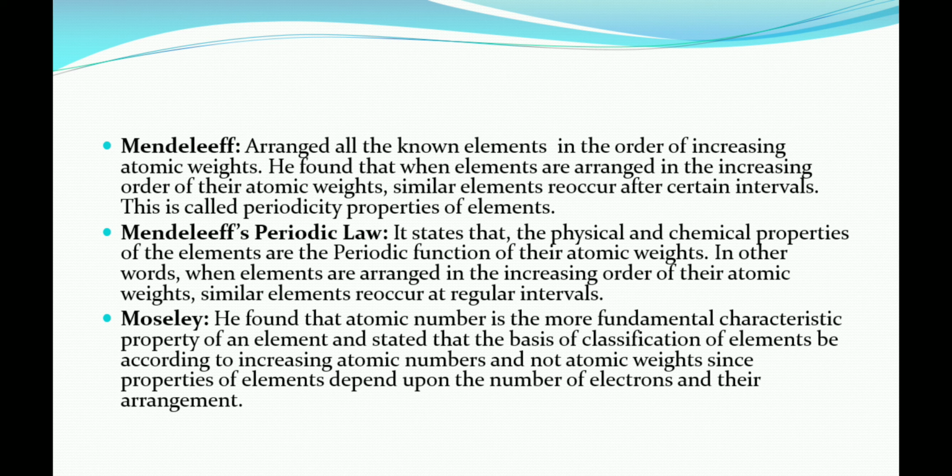Then came Moseley. He found that atomic number is the more fundamental characteristic property of an element and stated that the basis of classification of elements should be the increasing atomic numbers and not atomic weights, since the properties of elements depend upon the number of electrons and their arrangement.